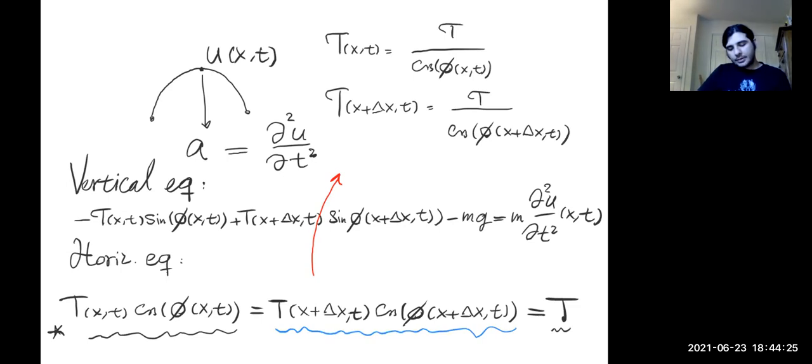Can anyone tell me why I'm allowed to divide by cosine? Well, we are not dividing by T, we are dividing by cosine, right? So it means cosine should be non-zero. So yes, we are allowed to divide.